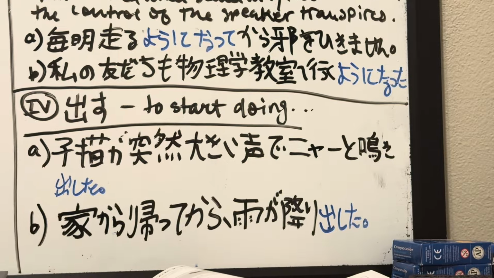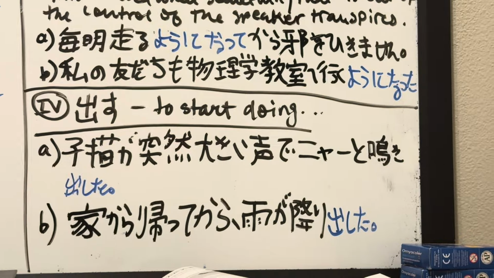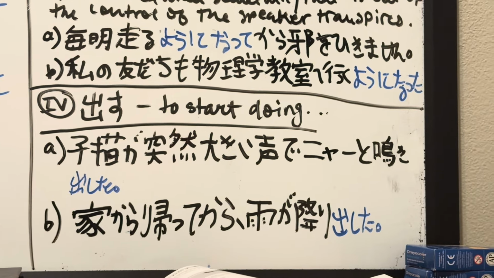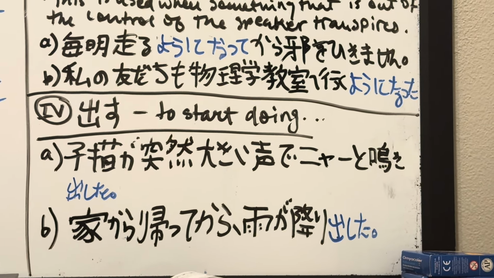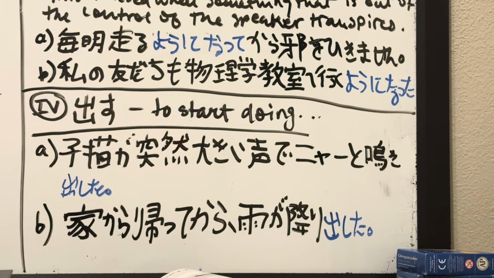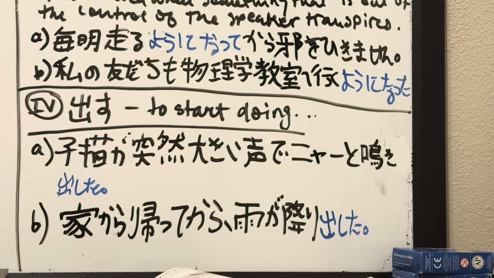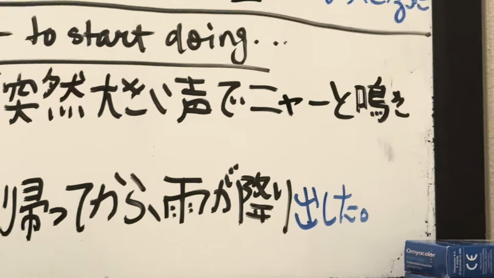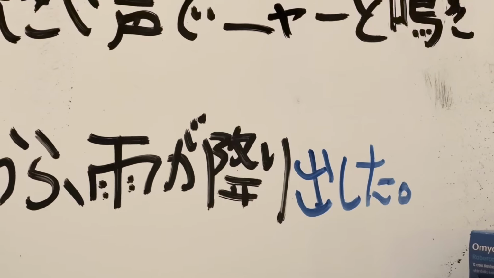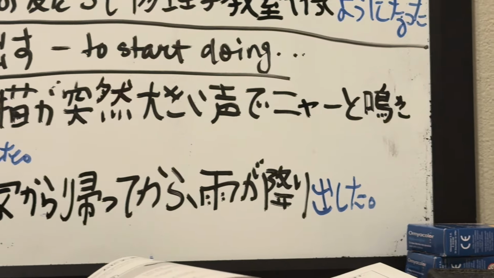And I should put ie ni kaite kara is what I meant to put. But ie kara kaite kara. Since I returned from my house, ame ga furidashita. It has suddenly started to rain. So ame ga furu is to rain. But instead of saying furimashita at the end there, we say furidashita, right? Furidashita. Pardon my poor penmanship, I'm kind of writing at an angle.